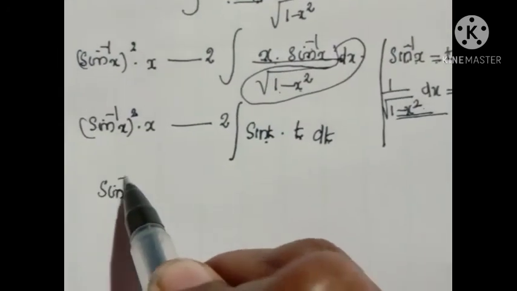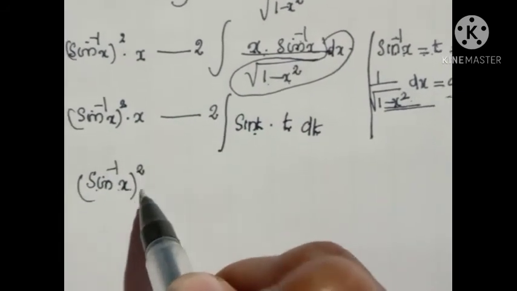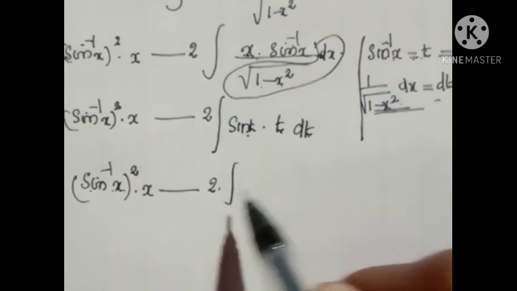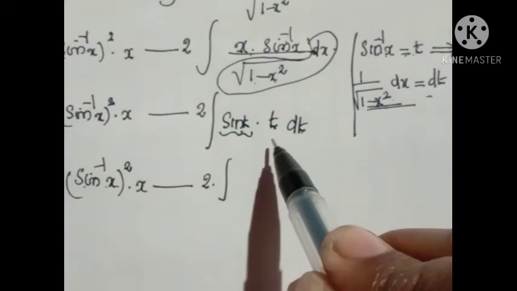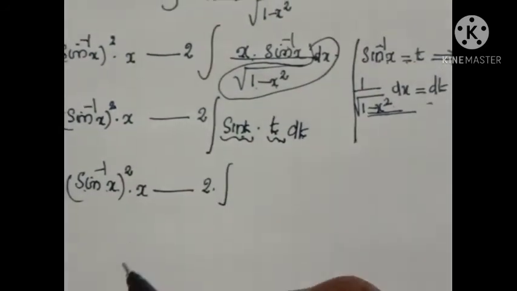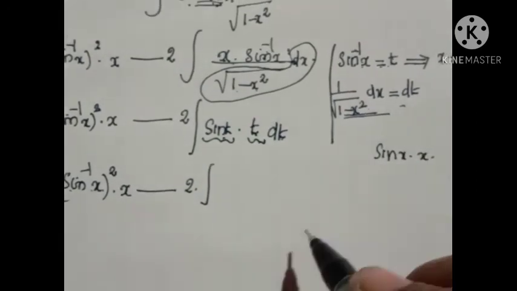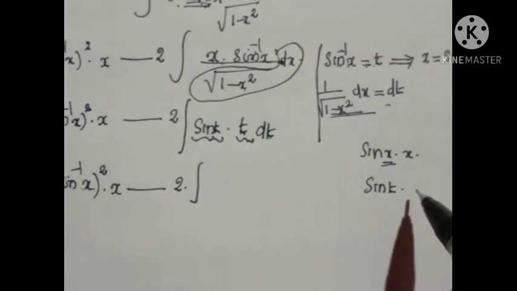So this is equal to (sine inverse x) whole square into x minus 2 into integral. Now listen, this is a trigonometric function and this is an algebraic function, just like sine x into x. Instead of x, we introduce a new variable t.